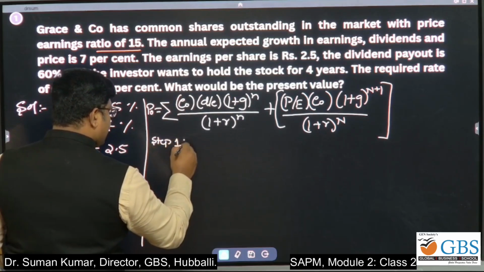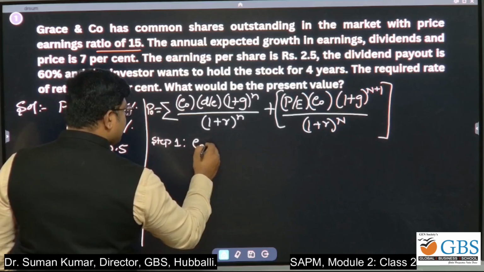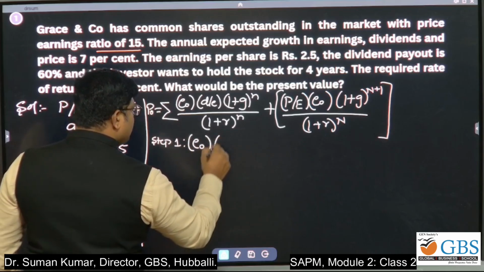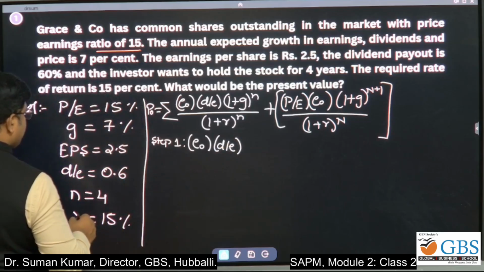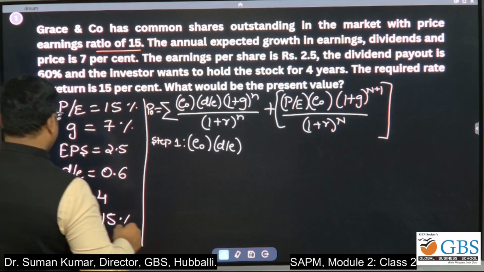So let me solve this part, that is step number 1. Step 1, that is E naught into D by E. What is E naught?